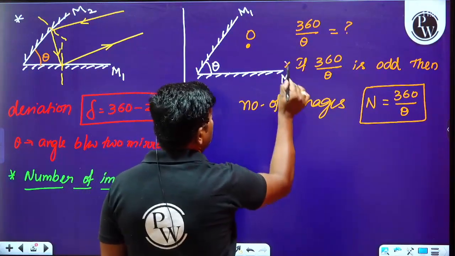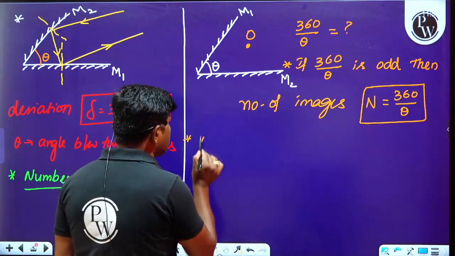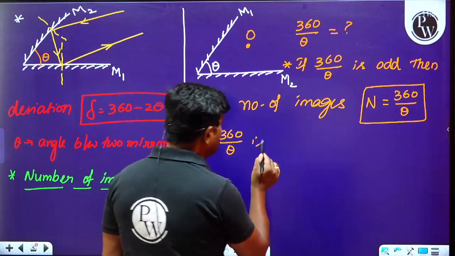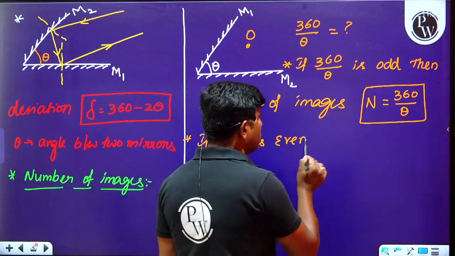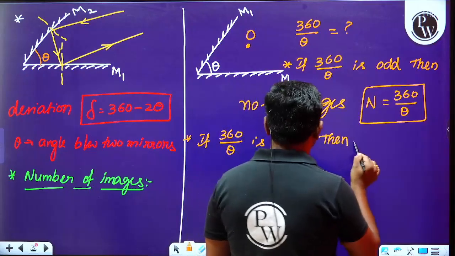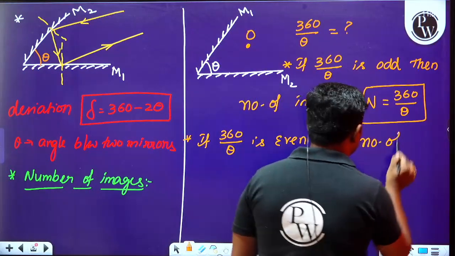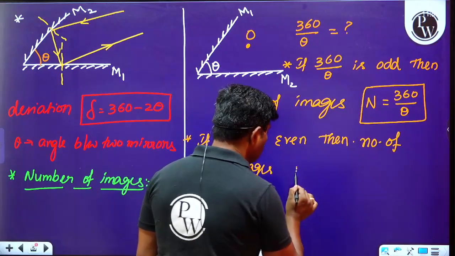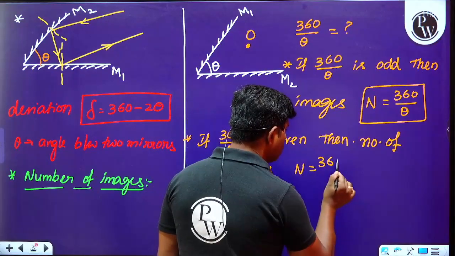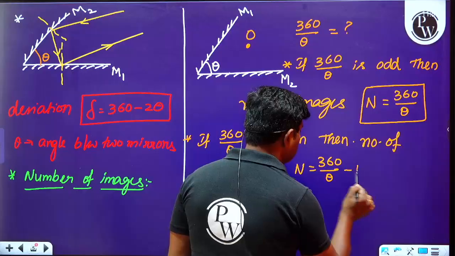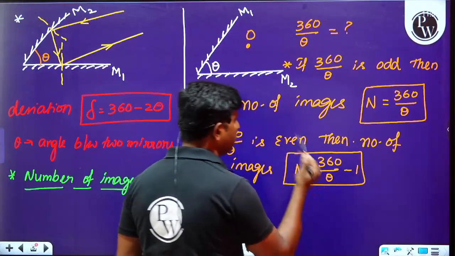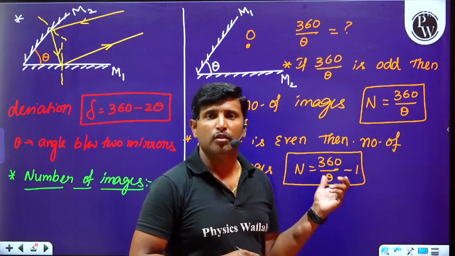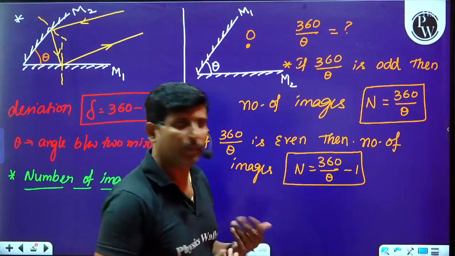This is the first point we have to make sure. And second point, if 360 by theta is even, then the number of images capital N is equal to 360 by theta minus 1. That is the number of images formed by the combination of the mirrors.